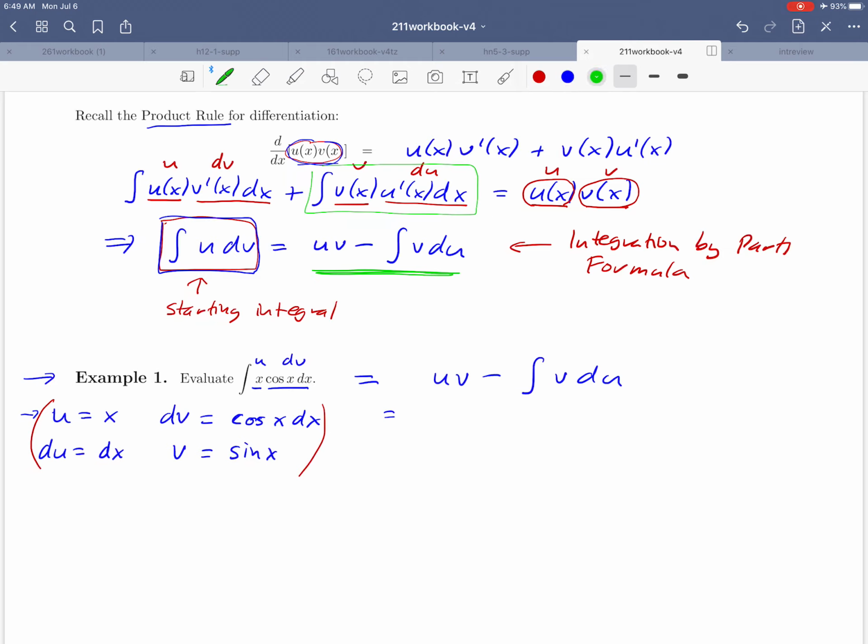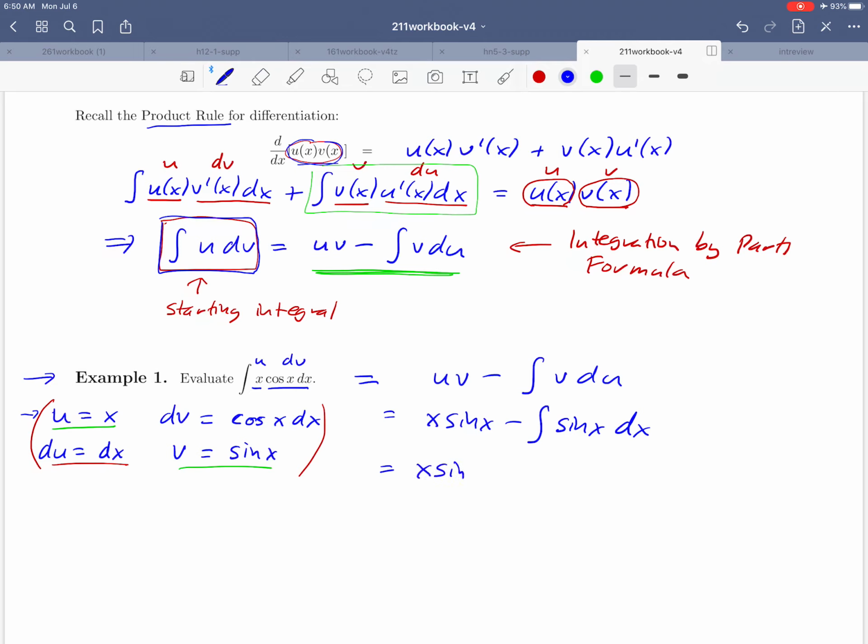Okay, so we'll write that down, and now we're just going to fill the pieces in. Looking over to the left, notice that u and v are x and sine of x, so the uv is going to become x sine of x, minus, and then we've got the integral of v, which is sine of x, and what is du? Well, that's just dx according to what we have over here. So we've got x sine of x minus the integral of sine of x dx. If we can calculate the integral of sine of x, we're done with the problem.